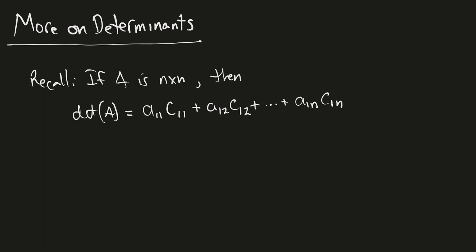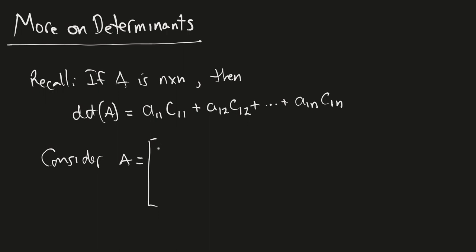Now, let me write down a problem with a specific matrix, and say, if we were to use this definition, this is what we would have to do. I'll use a 4 by 4 matrix as an example.